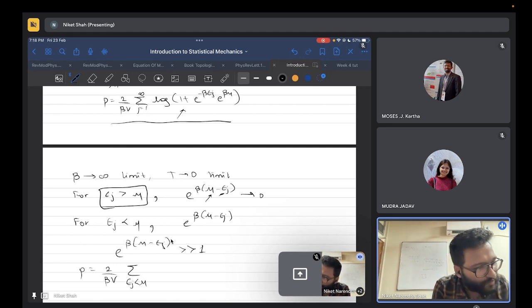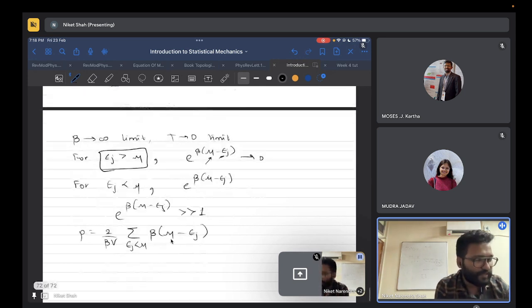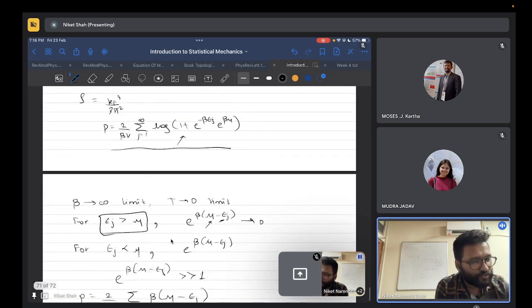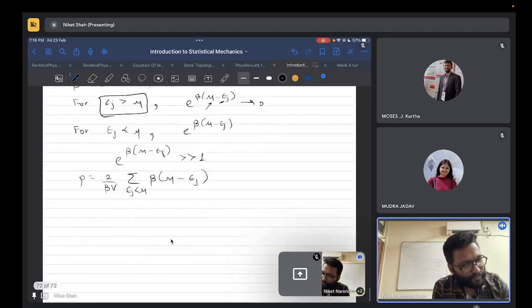And the 1 is something that we ignore, so it's e raised to the power of beta mu minus epsilon j. The log of something exponential is just the term in the exponential. So what I'll be getting is simply beta of mu minus epsilon j. This is what I get because I've ignored this 1.